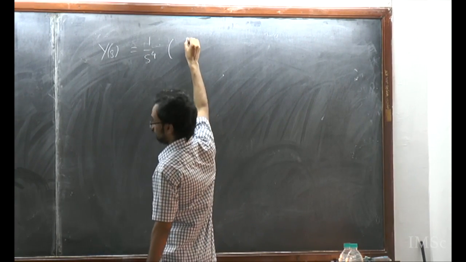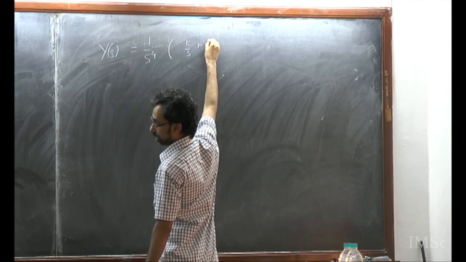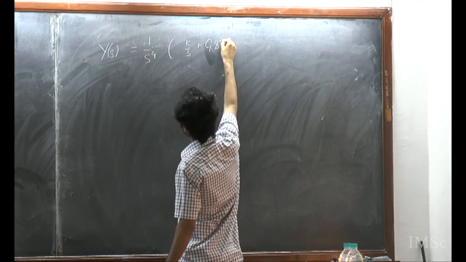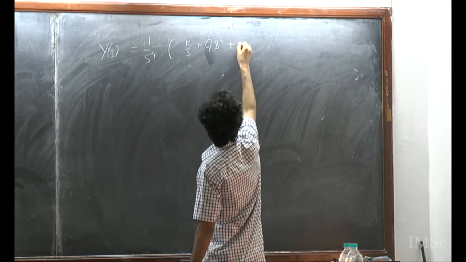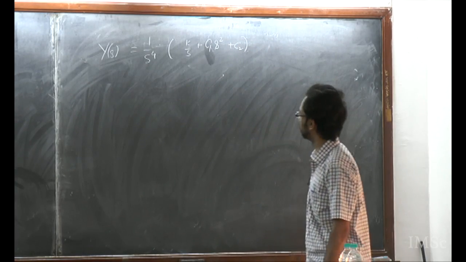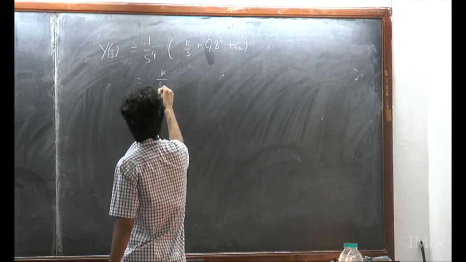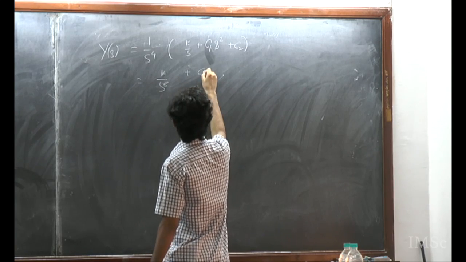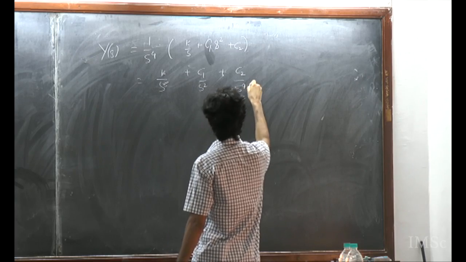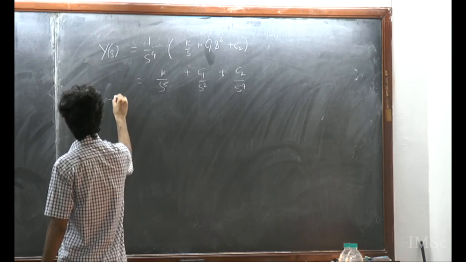You have k by s plus C1 s squared plus C2. Okay, so now the inverse Laplace transform is not very difficult to compute. Yeah? So this is k over s to the power 5 plus c1 by s squared plus c2 by s to the power 4. Just compute the inverse Laplace.